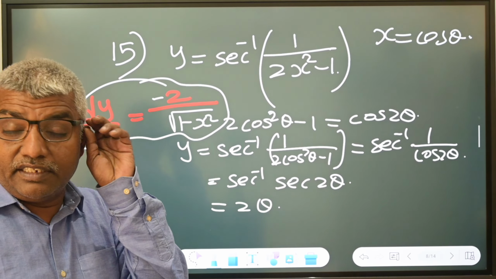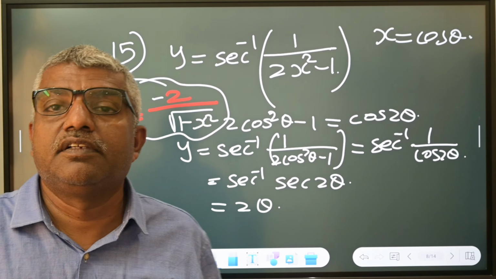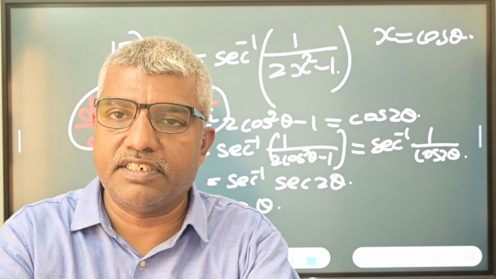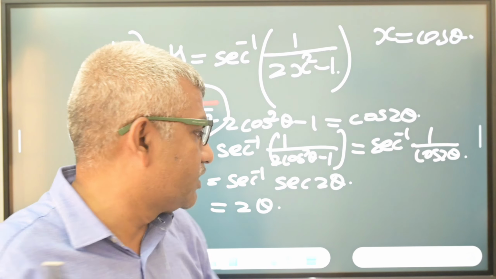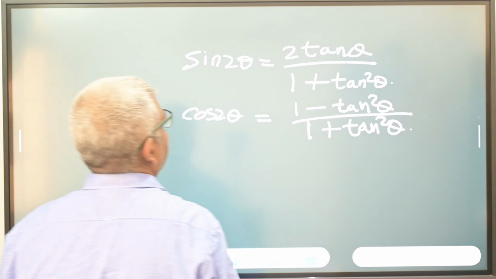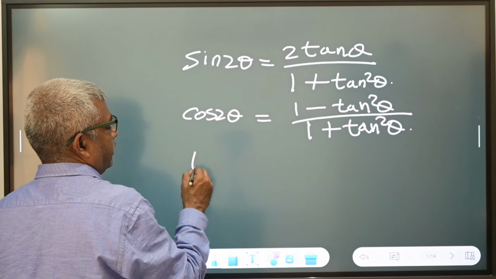Okay, here in this session you need to memorize all the formulas. First of all, sine 2 theta equal to 2 sine theta cos theta. These are all the formulas. Sine 2 theta, 2 tan theta over 1 plus tan square theta.